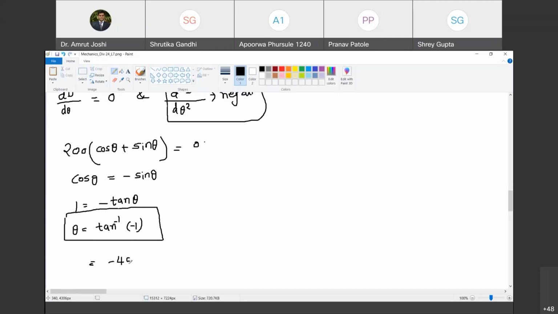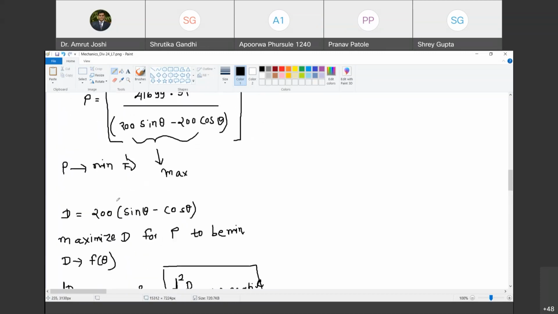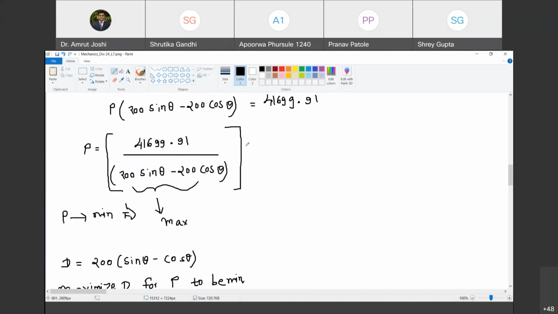Now how do I get the value of P minimum? I have to substitute this minus 45 degree in this equation.